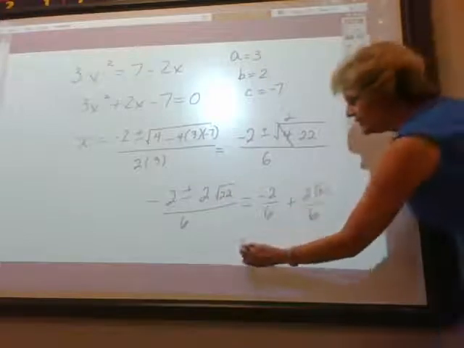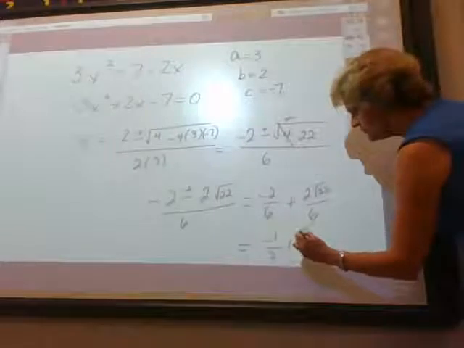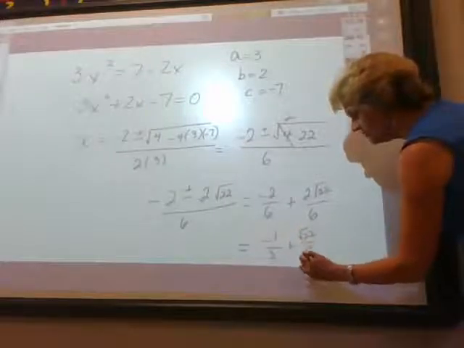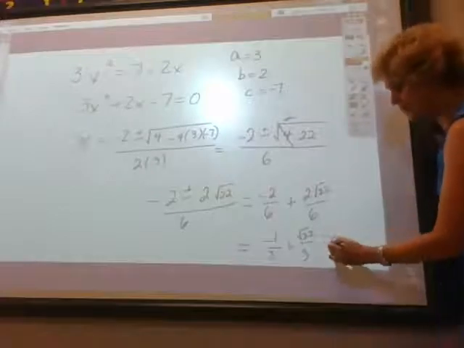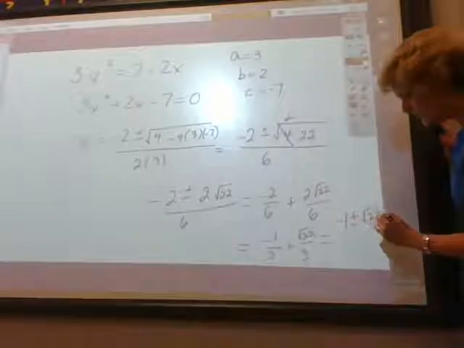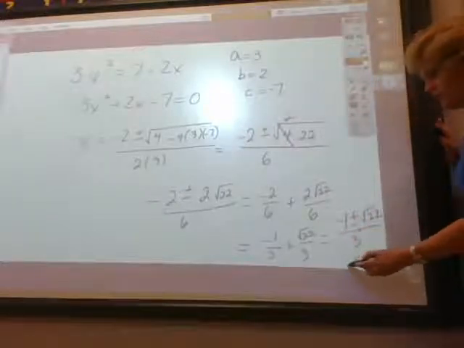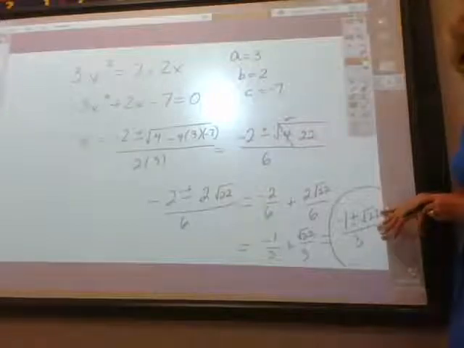So I really can make this negative 1/3 plus radical 22 over 3. The 2/6 is getting reduced. So negative 1 plus radical 22 over 3. Now I'm perfectly happy with you leaving this like this.